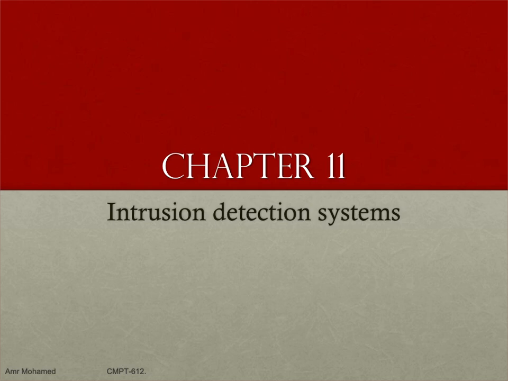So for these particular types of composite actions, which might happen at different levels, we have what we call intrusion detection systems. These intrusion detection systems are not a specific security protocol that happens at a specific layer.